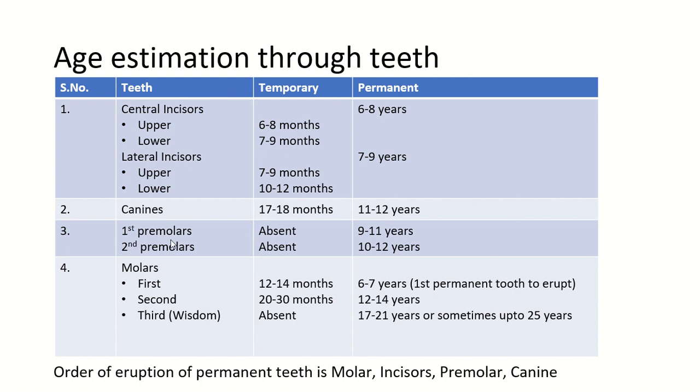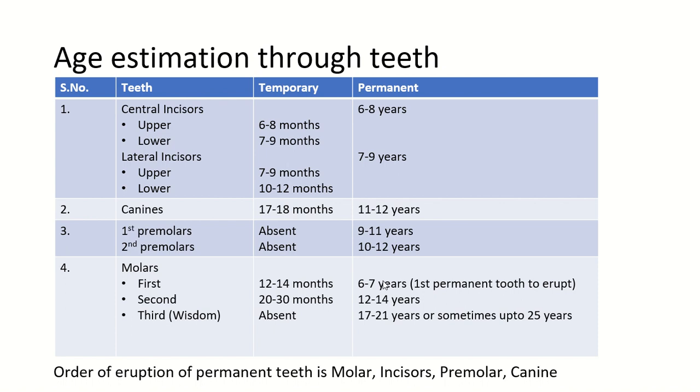Premolars are absent in temporary dentition, and in permanent, first premolars are observed from 9 to 11 years and second from 10 to 12 years. The molars, first and second, are present in temporary dentition. First one occurs at 12 to 14 months, second 20 to 30 months, third is absent.